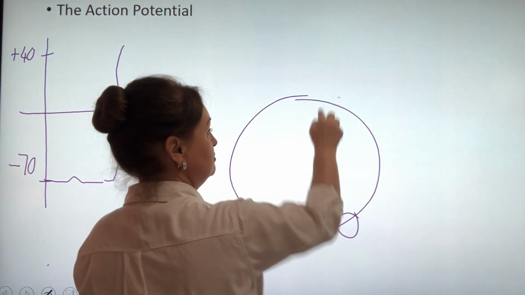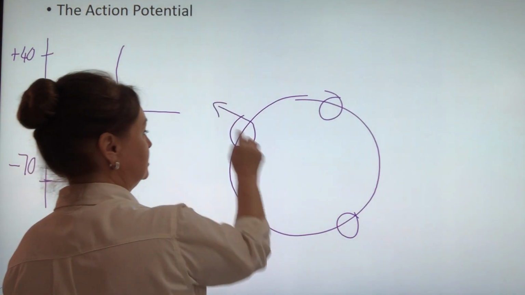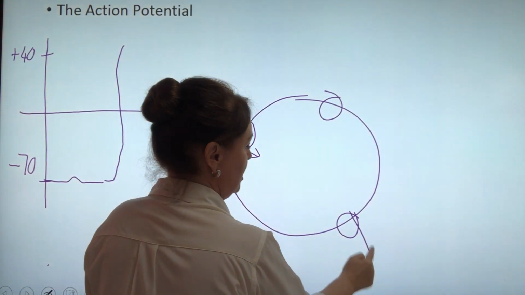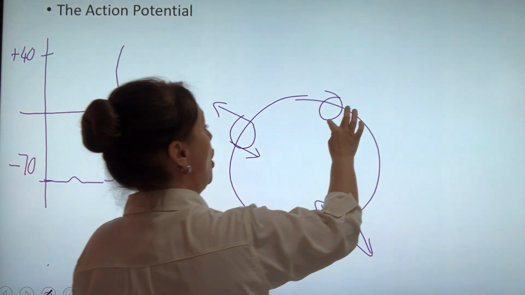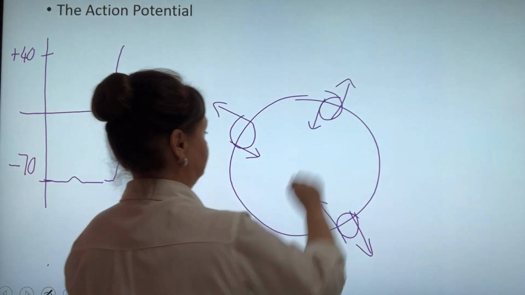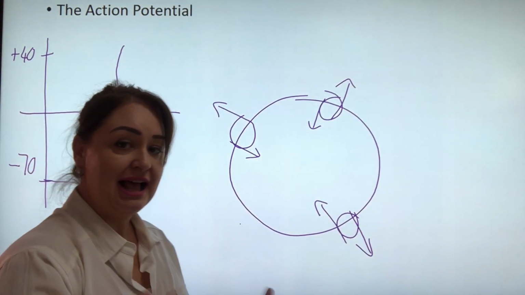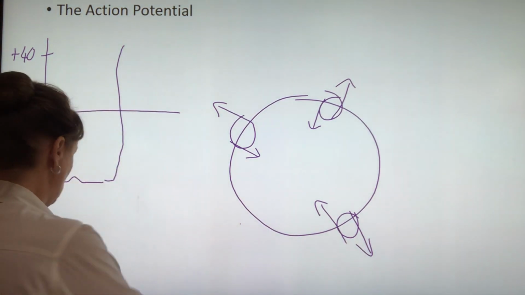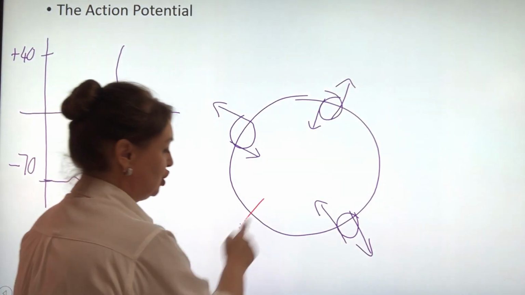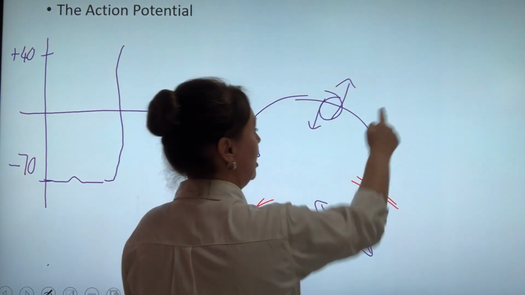Let's just look at that again. We've got sodium potassium pumps. They're just working away all the time. They've created a chemical gradient. We've got sodium channels that are closed.